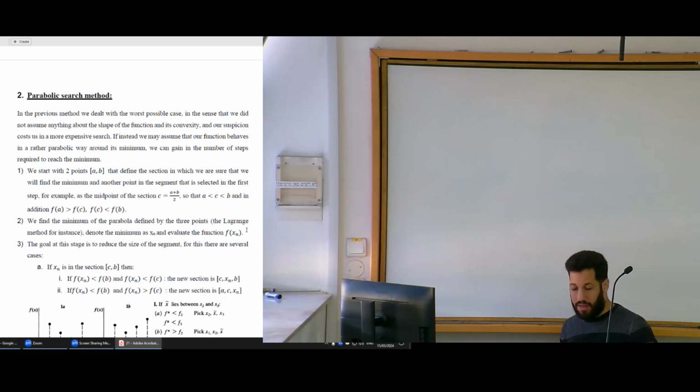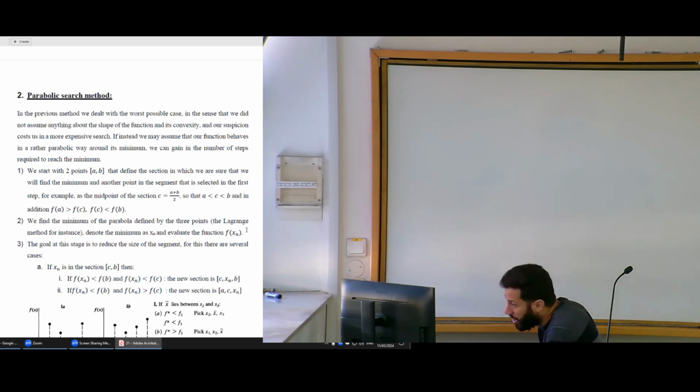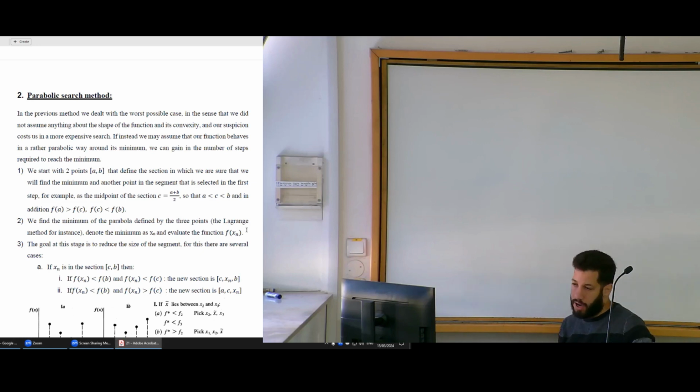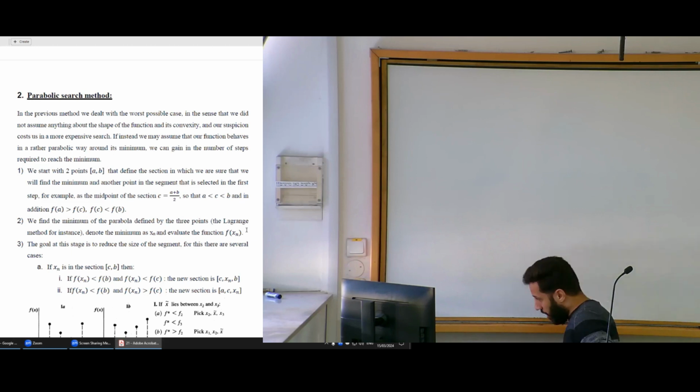If I think that the function is parabolic in the region that I'm in, I can choose to talk about 3 points, not 2 points, not A and B. I will talk about 3 points, A and B, and some midpoint. It might be A plus B over 2 in the first iteration, but after that it will be another point that we will calculate.